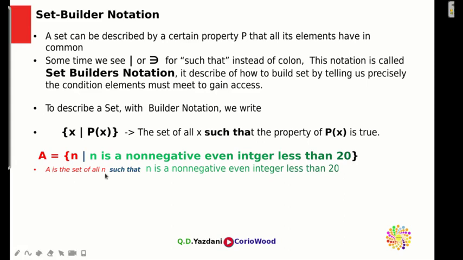So A is the set of all n such that, that's the set builder notation, n is a non-negative even integer less than 20. That's how we're going to read this one.